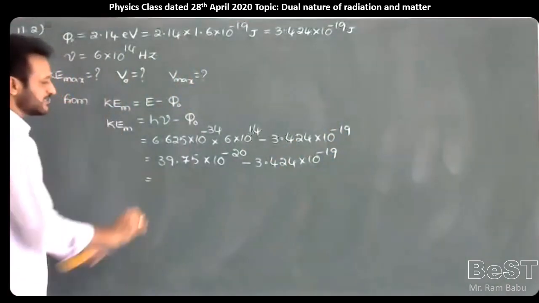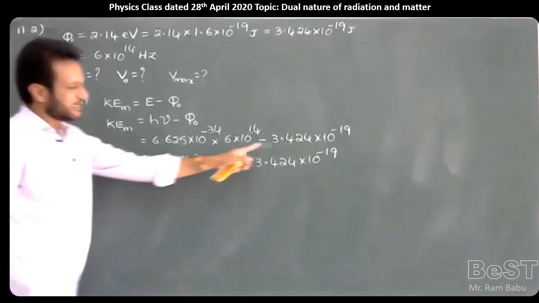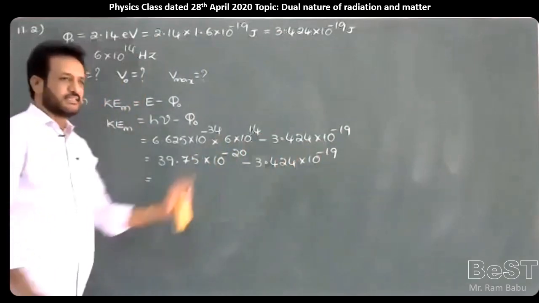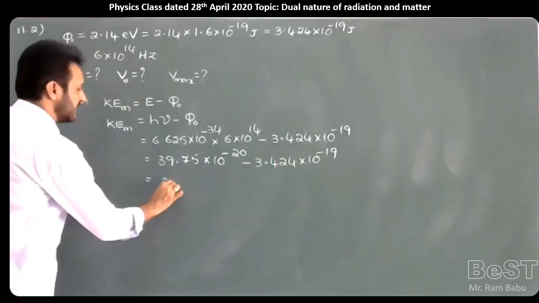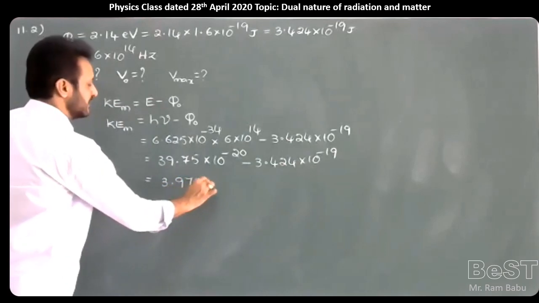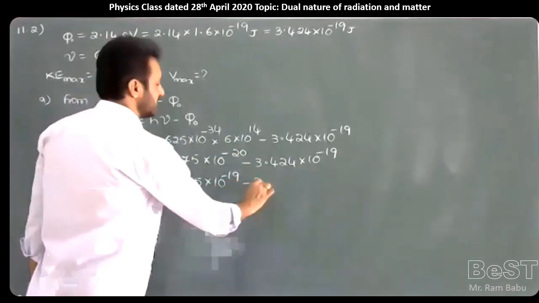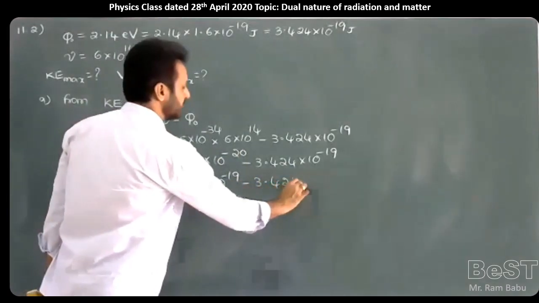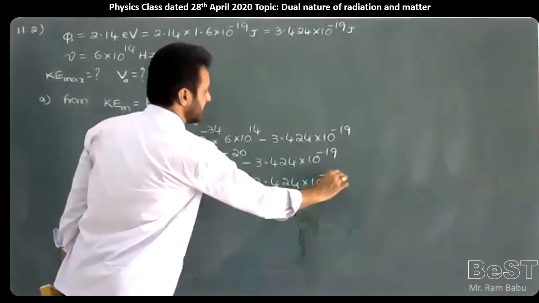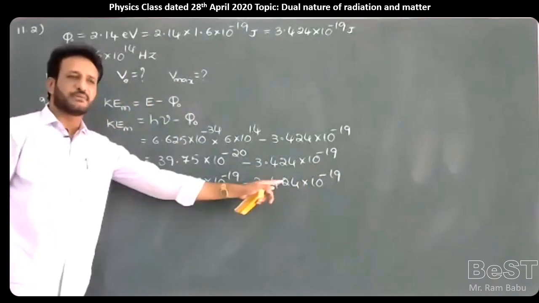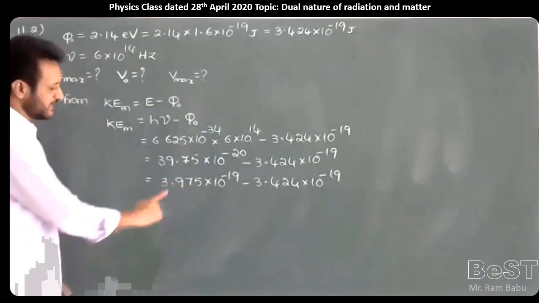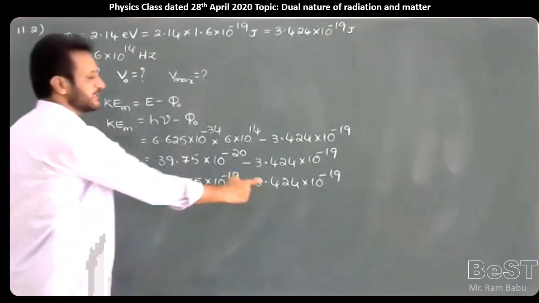Now I'll adjust one digit so that the powers are the same. That gives 3.975 into 10 to the power of minus 19 minus 3.424 into 10 to the power of minus 19. Now we can take 10 power minus 19 common. Now subtract 3.975 minus 3.424.